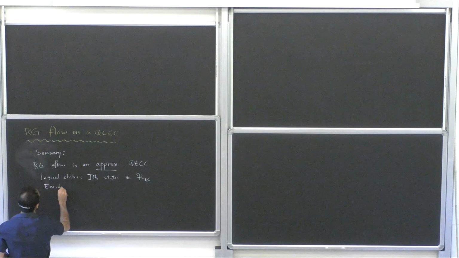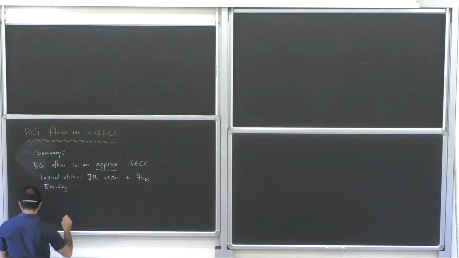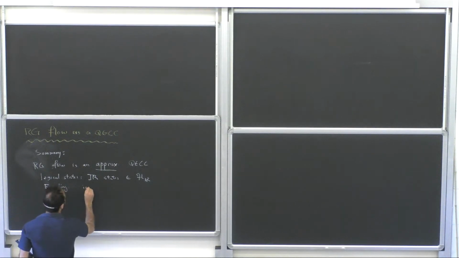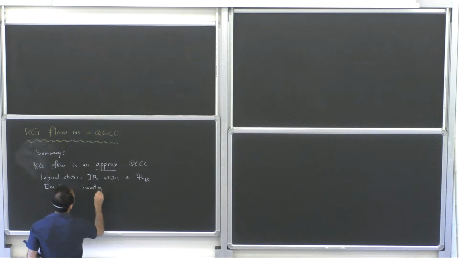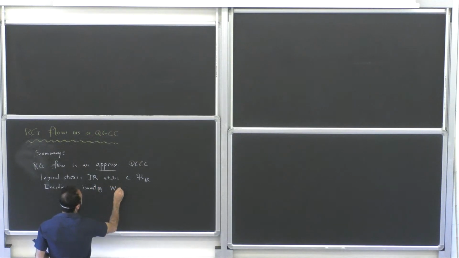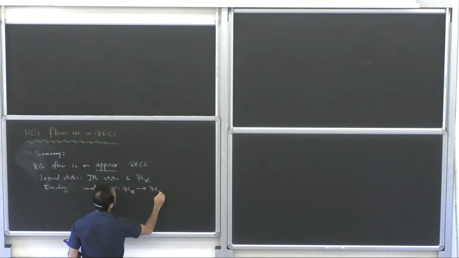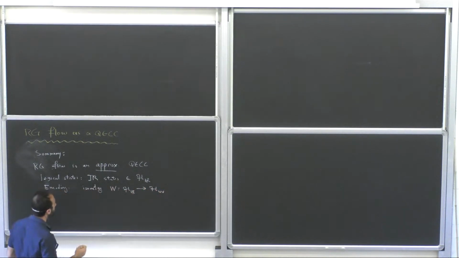There is an encoding in every quantum error correction code, which is an isometric map, an isometry, W, from H_IR to H_UV, so that's the direction.